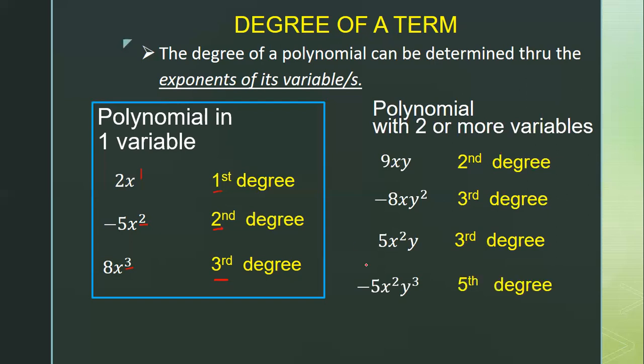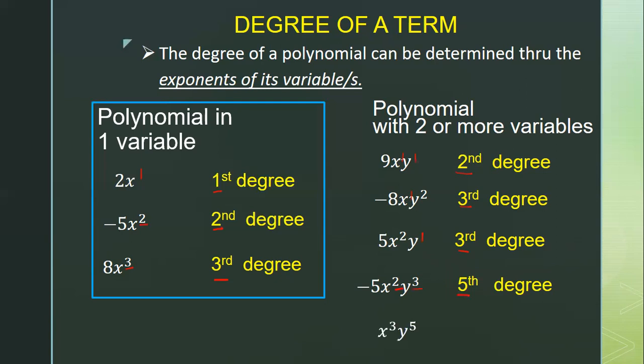Now, how to get the degree of a polynomial with two or more variables? Yes, just add the exponents of the variables. 1 plus 2 is 3, so it's third degree. 2 plus 1 is 3, so it's third degree. 2 plus 3 is 5, so it is fifth degree.